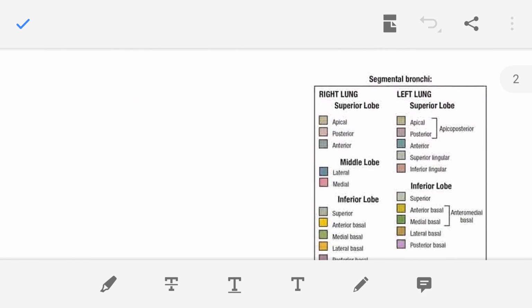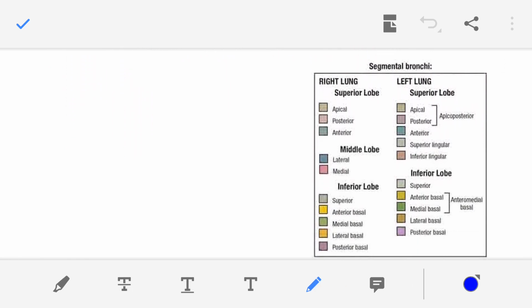Here you can see in the left lung there are two lobes, superior lobe and inferior lobe, and in the right lung there are three lobes, superior lobe, middle lobe and inferior lobe.